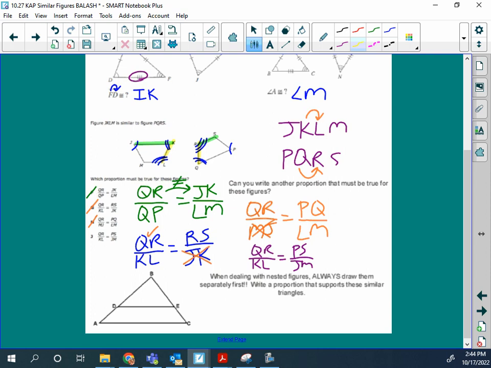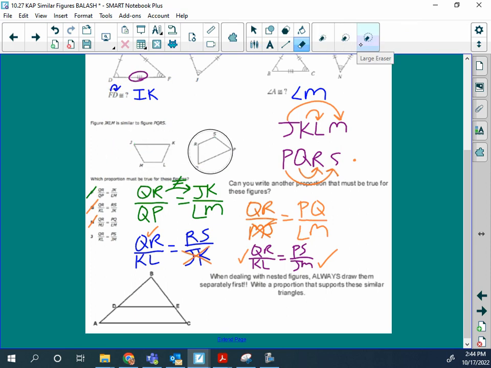Does that look good so far? Yes. And then we started with this one. They went back to that original one, PS over JM. Does it match? Yes. Because we know that that's the answer, let's go ahead and also show it on the shape. That's what I want you guys to see. Okay?